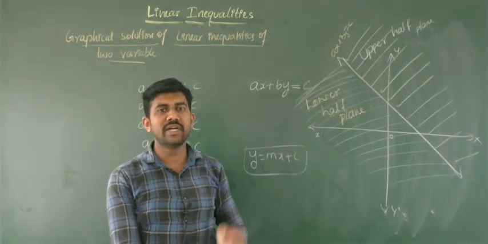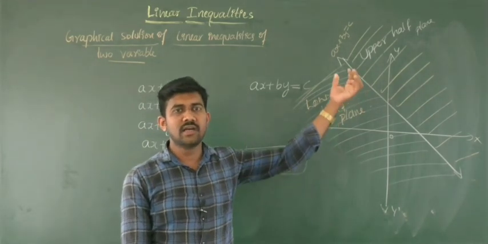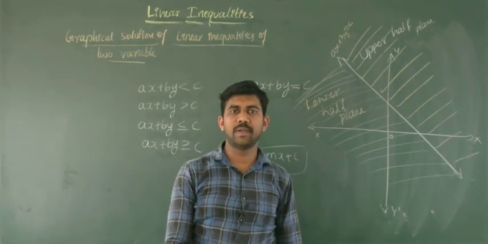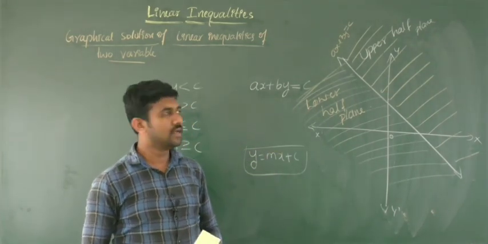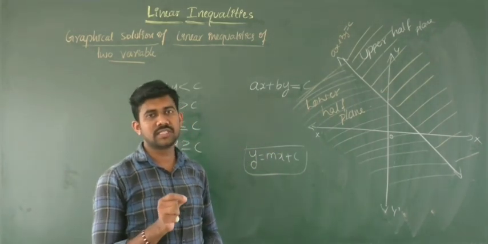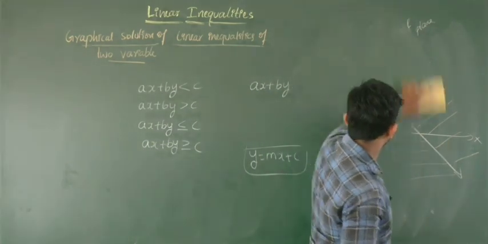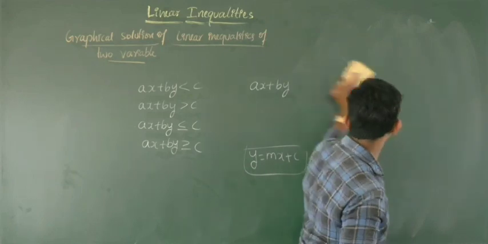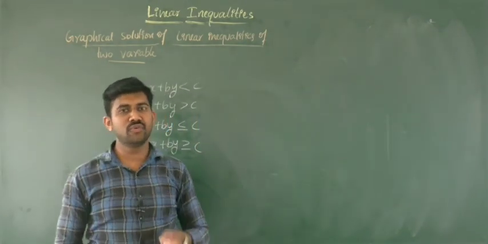Similarly, if you have a non-vertical line, that non-vertical line divides the plane into two parts, that is lower half plane and upper half plane. So this is a concept you should know when finding the solution region. Now we are going to find out the solution of the given linear inequality of two variables.